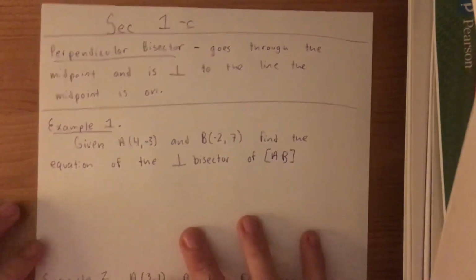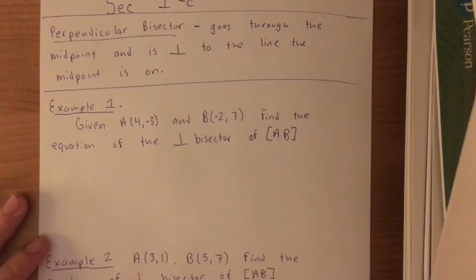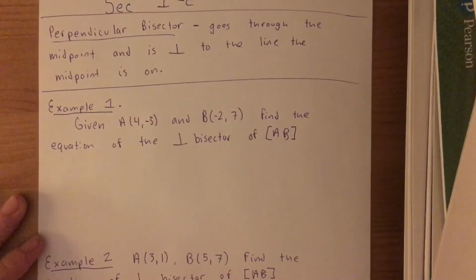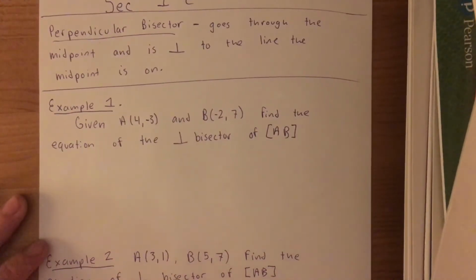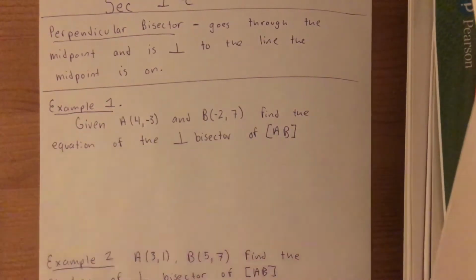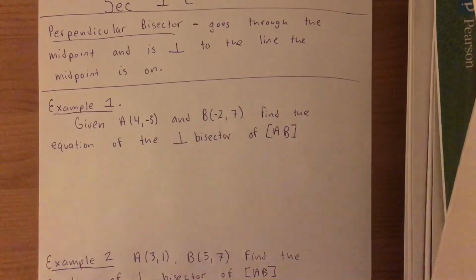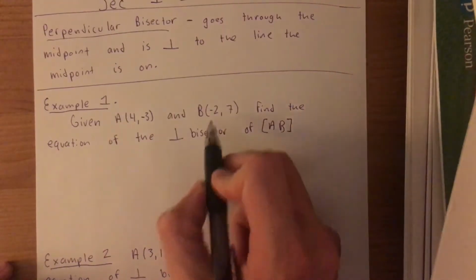And so all that I'm going to go over with you all is finding a perpendicular bisector and how to write an equation for one. If you'll remember from the first day of class, to write an equation of a line you need a point and you need a slope. So the first thing we're going to do is calculate a slope.